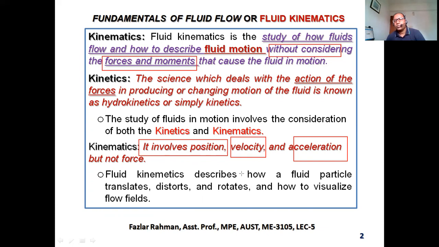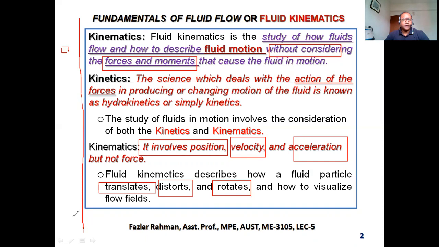Flow field means in a flow. Now here two terms are used: translate, distort, rotate. So for example, if I think of a fluid particle as rectangular, and say this is my south side and this is north, he is coming from north to south through a river. A fluid particle might be of any type, right?